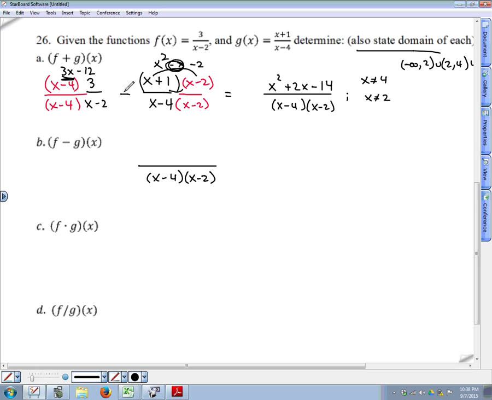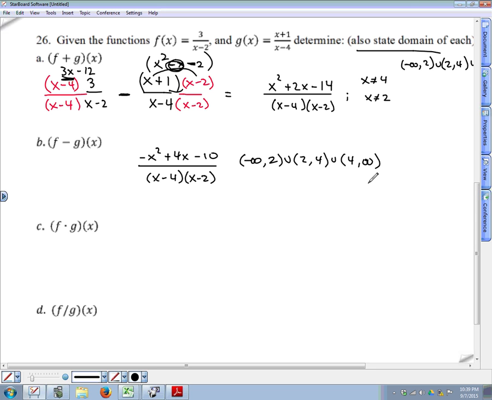So this minus sign is applied to this entire expression there, so it's minus x squared, and that minus and negative x really makes it a plus x, so that's plus 4x, and again this minus negative 2 makes it plus 2 when you combine with negative 12, makes it negative 10. And it's the same domain, negative infinity to 2, 2 to 4, 4 to infinity.